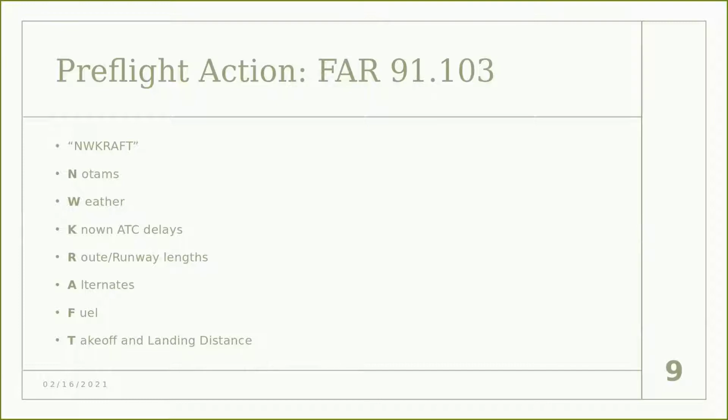Can you land and take off on that runway or on the runways of your alternate airports? For civil aircraft, other than those specified in B1 of the section, other reliable information appropriate to the aircraft relating to aircraft performance under expected values of airport elevation, runway slope, gross weight, wind, and temperature. You're doing your performance calculations. That's what that is saying.